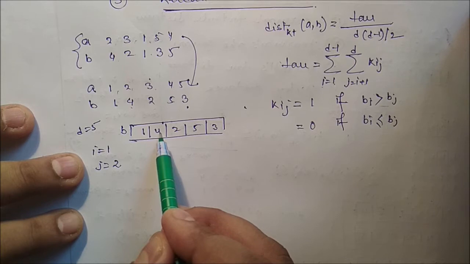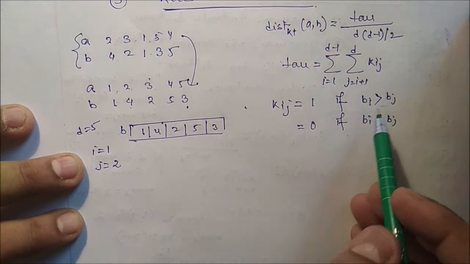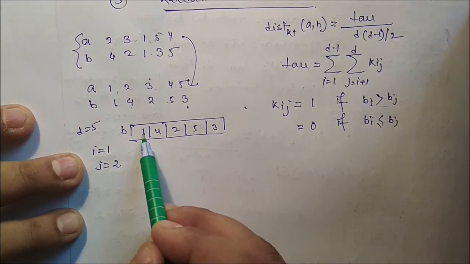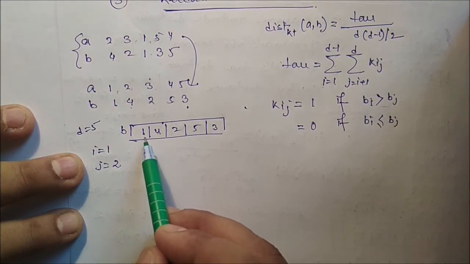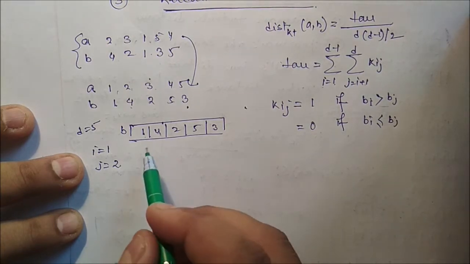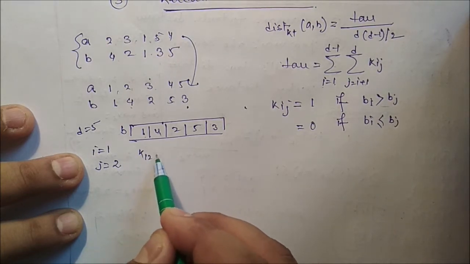This is not true. B1 is less than or equal to B2, which is true, so K12 is equal to 0.